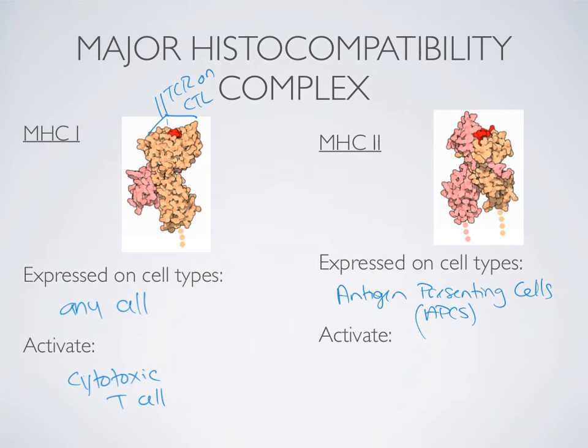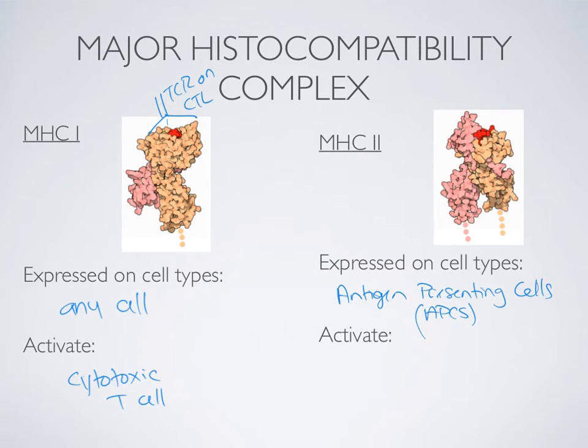And so that's how you can differentiate. That's how the body knows to differentiate, because you don't want to activate cytotoxic T cells for bacteria that are extracellular, right? Because then you're just killing a lot of your cells, even though they're not in danger, they're not infected.